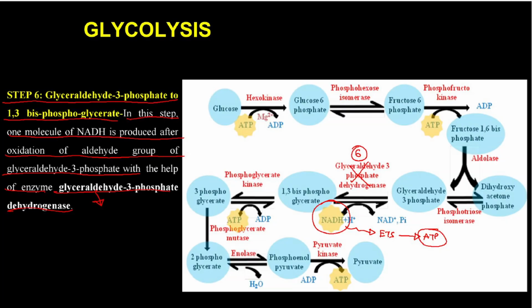So the next step is step 6, in which glyceraldehyde 3 phosphate forms 1,3 bisphosphoglycerate. Here one NADH is produced.